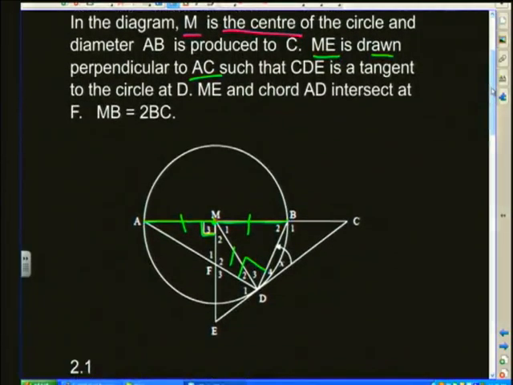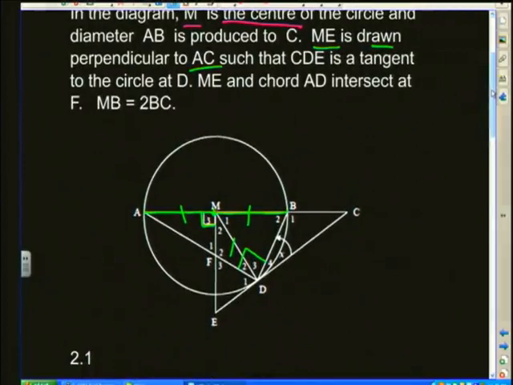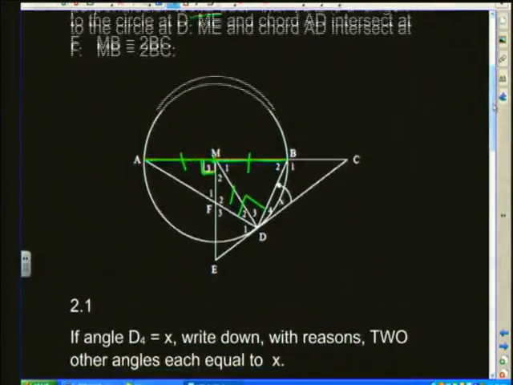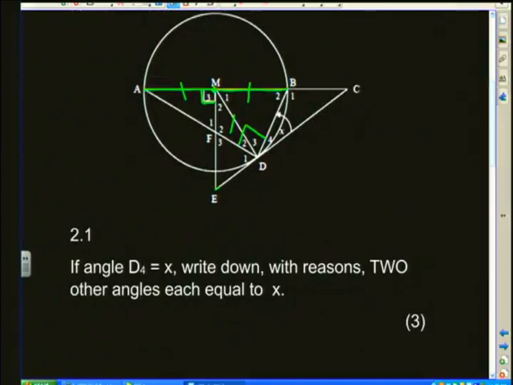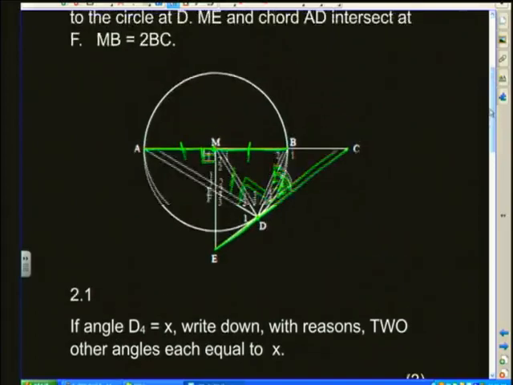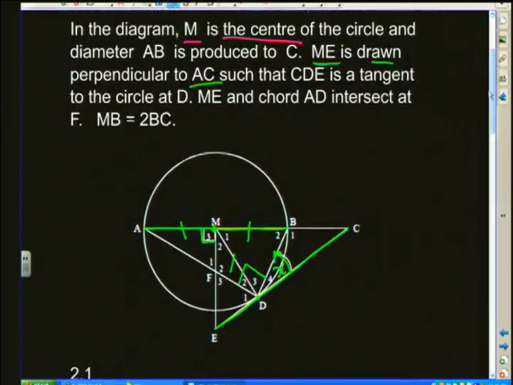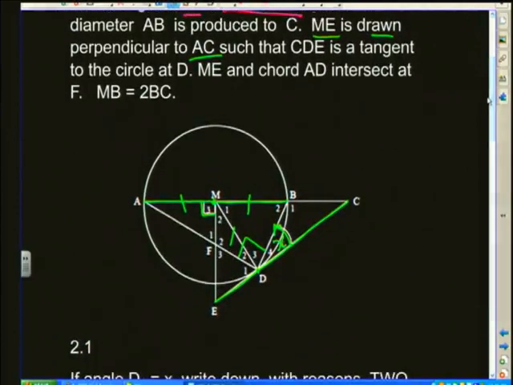And it's drawn such that CDE is a tangent to the circle at D. So CDE, that line there, is a tangent to circle center M. When I see a tangent and I see a chord, immediately I start thinking of tan-chord theorem, and I can see on my diagram they've marked angle D4 as x, which I can then use to work out other angles in the diagram. We're not going to get to that because I know that that is one of the questions.